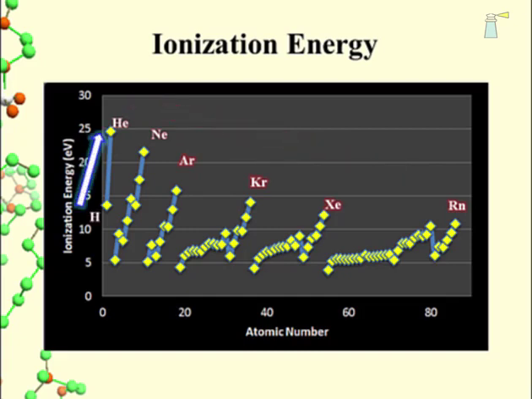Row 1. Hydrogen's IE increases to helium's IE. Row 2. A low IE for lithium to a high IE for neon. Sodium to argon. Then potassium to krypton. Rubidium to xenon. And finally, row 6, the first column element cesium to the noble gas radon.